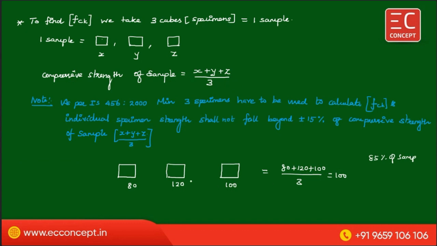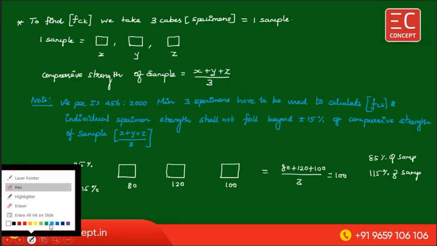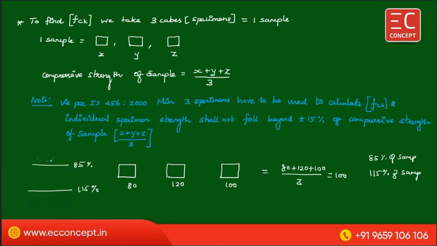It can be more than 15% of the sample strength or less than 15% of sample strength. So the value should not be more than that. The limit is this one, 85%, and another one is 115%. The value which lies above and below is unacceptable by the code.